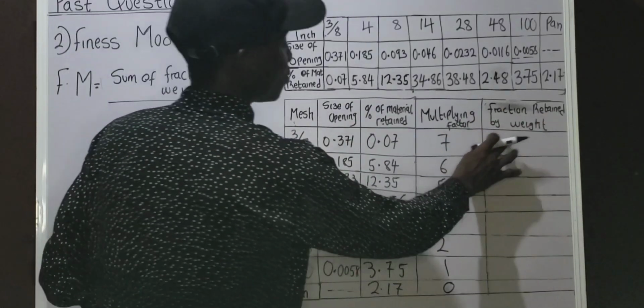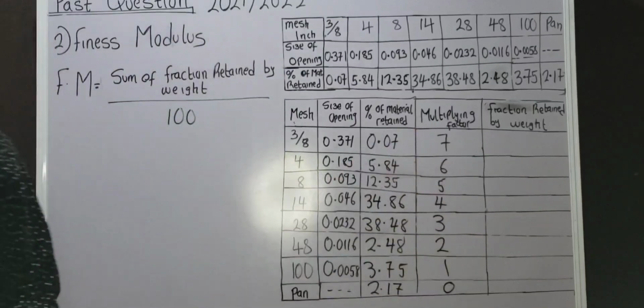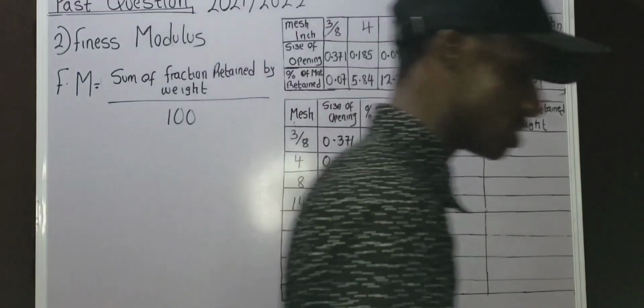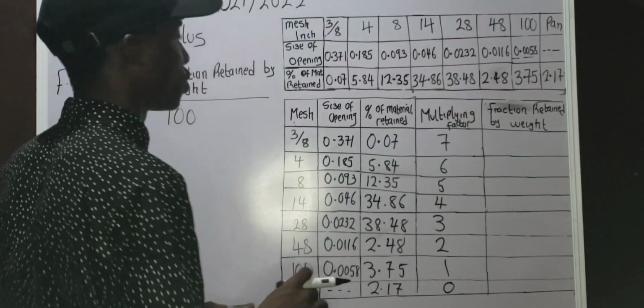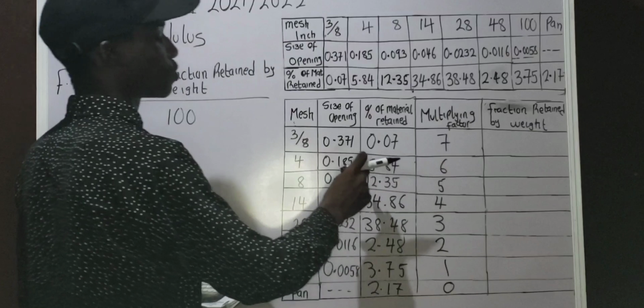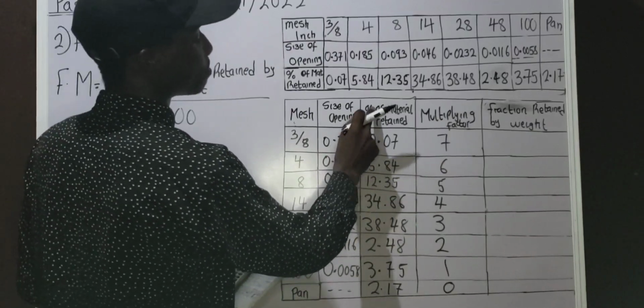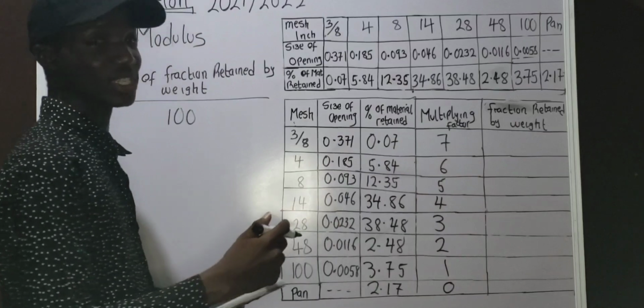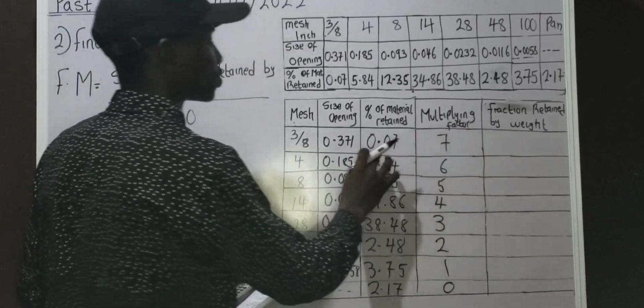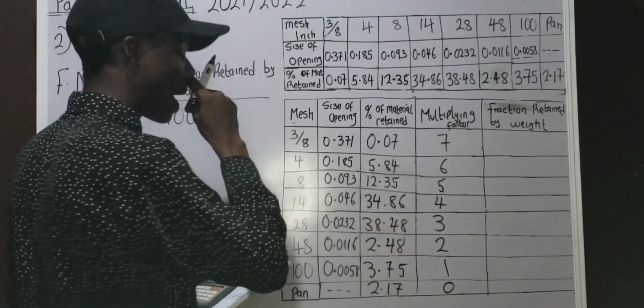So to get the value of these cells, I'm going to multiply the percentage of material retained by the multiplying factor. Let me take my calculator here. So I'm going to multiply 0.07 by 7.